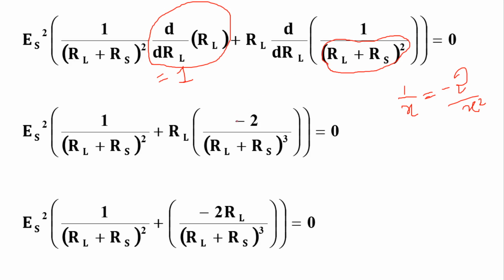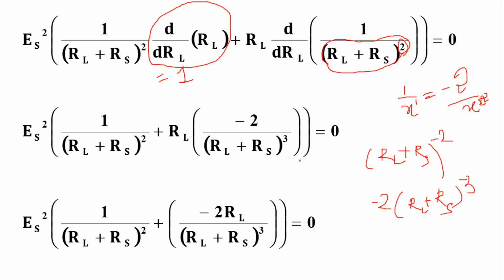So the differentiation is minus 2 with the power increased by 1, because the power was 2 and it is increased by 1. This term will look like RL plus RS raised to minus 2, so minus 2 comes forward and the power is reduced by 1: minus 2 times RL plus RS raised to minus 3.